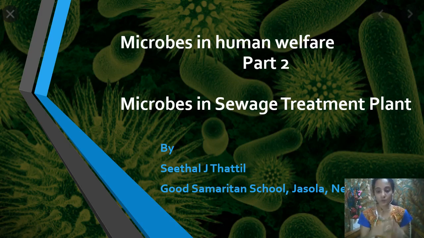So that is what we are going to discuss here, microbes in the sewage treatment plant. We can't stop having this kind of sewage, and the human excreta form the major component of it. Let's see how we can treat the sewage so that we can reduce the pollution.